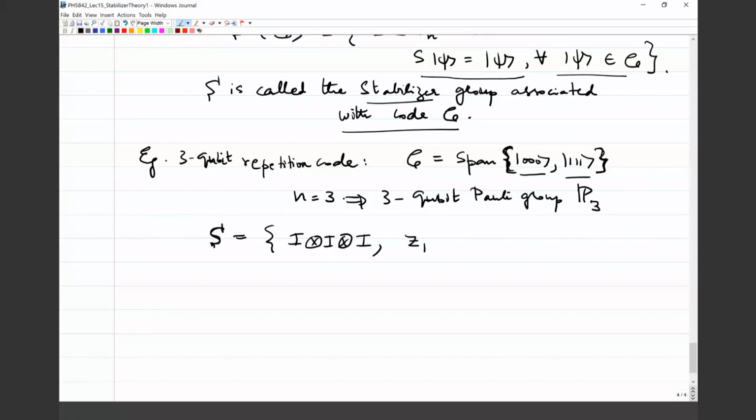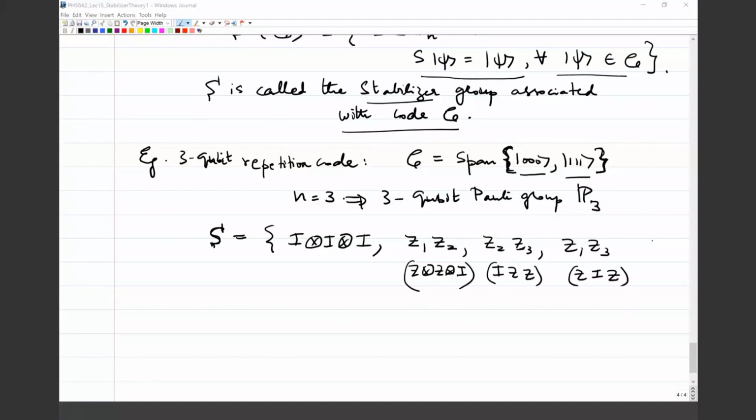No. It has to be pairwise Z. So Z1 Z2, for example. Yes. Z2 Z3. And Z1 Z3. So what I'm saying is the operators ZZI, IZZ, ZIZ, right? And you will see that that's it.